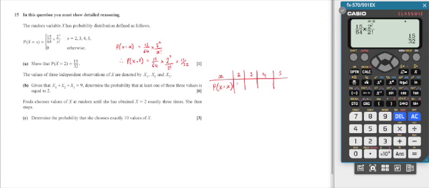Yeah, that's 15 over 32. We want to have, that's a 3, and that's a 3. That's 5 over 16. And we want, that's a 4.